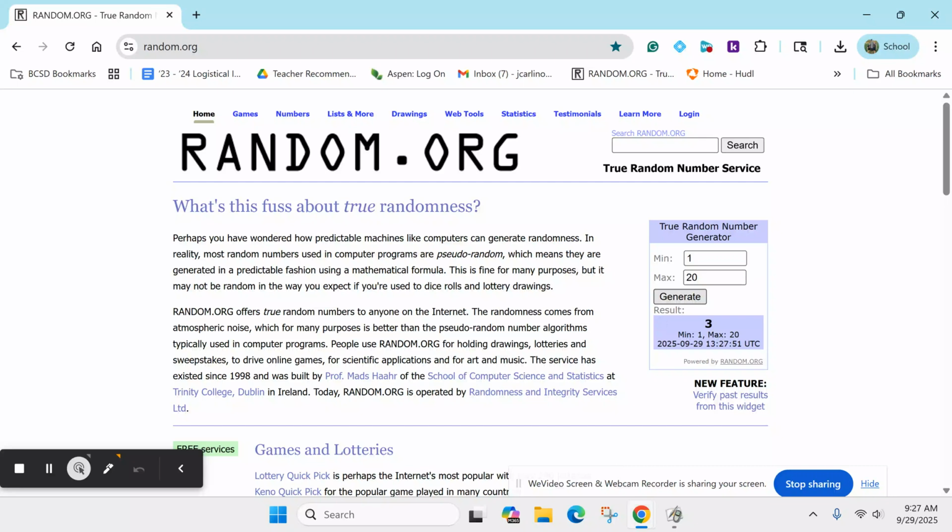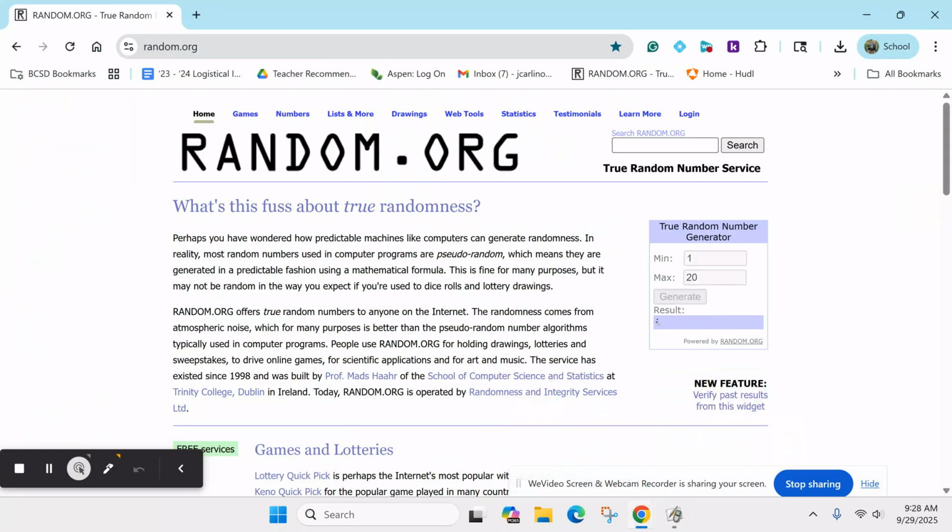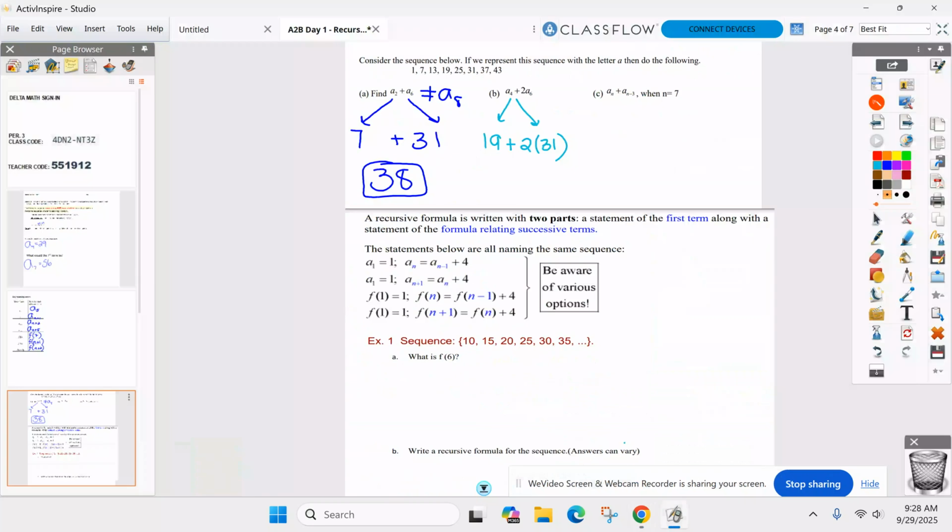Meredith, 6th term when you find it. What is it? 31. Perfect. Multiply it by 2. And when you have that value, let me and your classmates know. 62. Yep.